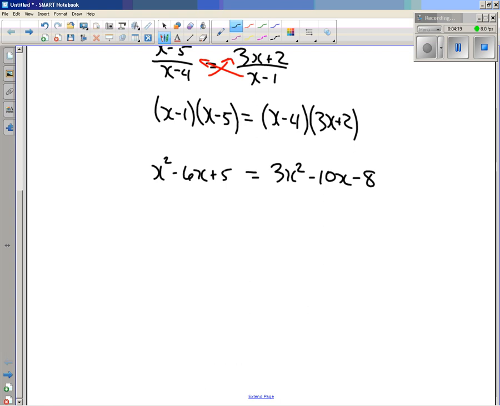And now we're at a point where we can bring everything over to one side and set it equal to 0. So we can say 0 equals 2x squared minus 4x minus 13. Okay. And now we're left to solve that.